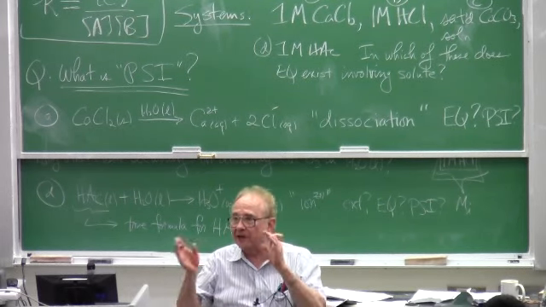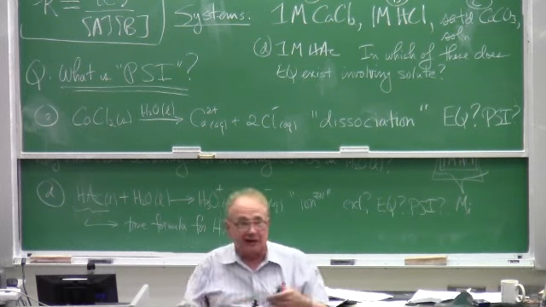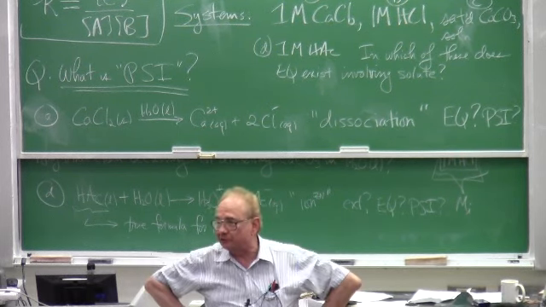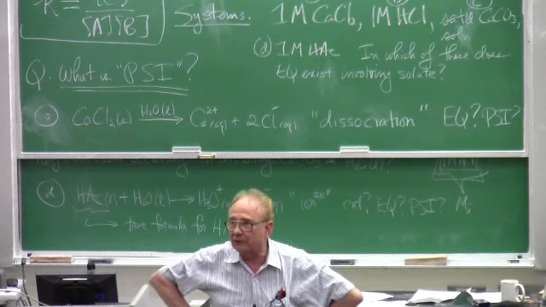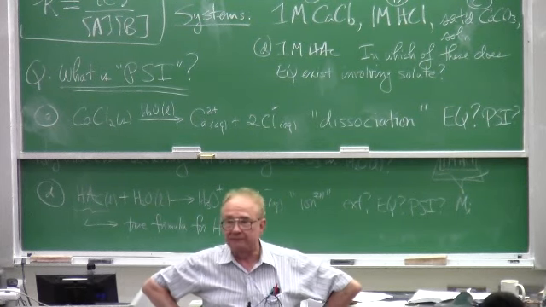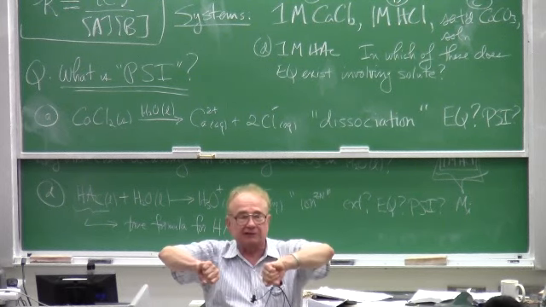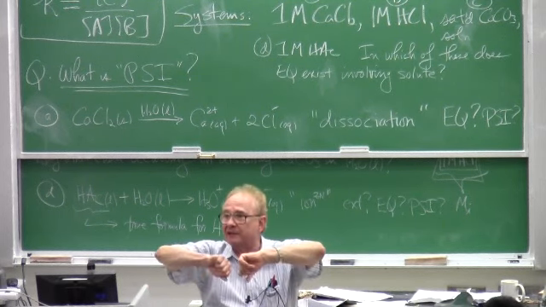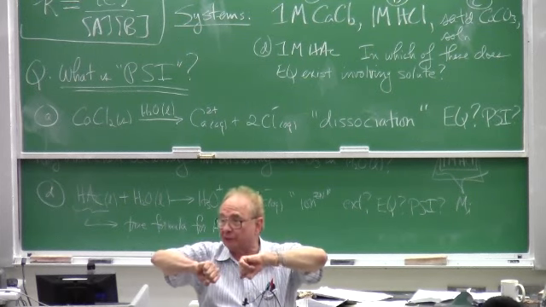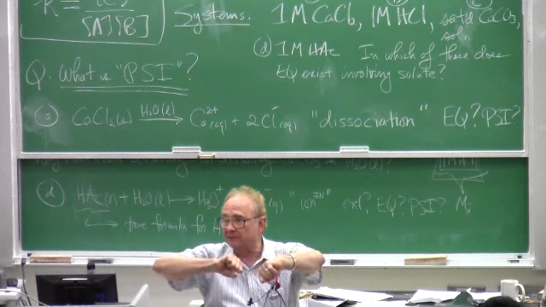And after the ion dipole forces outmuscle the ion-ion forces, they pull the calcium ions and the chloride ions into solution. All I've done is describe to you what happens when an ionic solid, in this case calcium chloride, is dissolved in water. And since it involves the coming apart of the calcium ions and the chloride ions from each other, as the calcium chloride lattice is destroyed by this process, it's called dissociation.